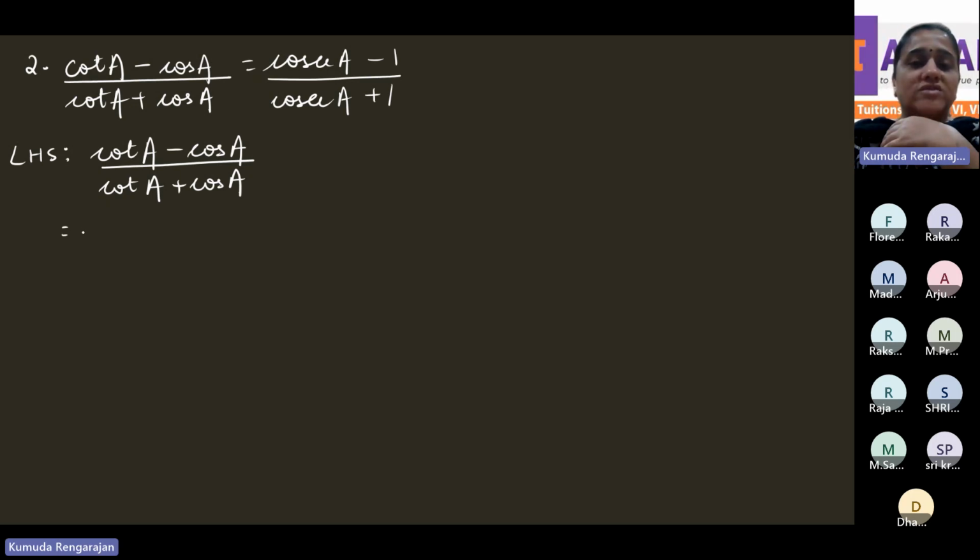Cot A minus cos A by cot A plus cos A is equal to cosecant A minus 1 by cosecant A plus 1.